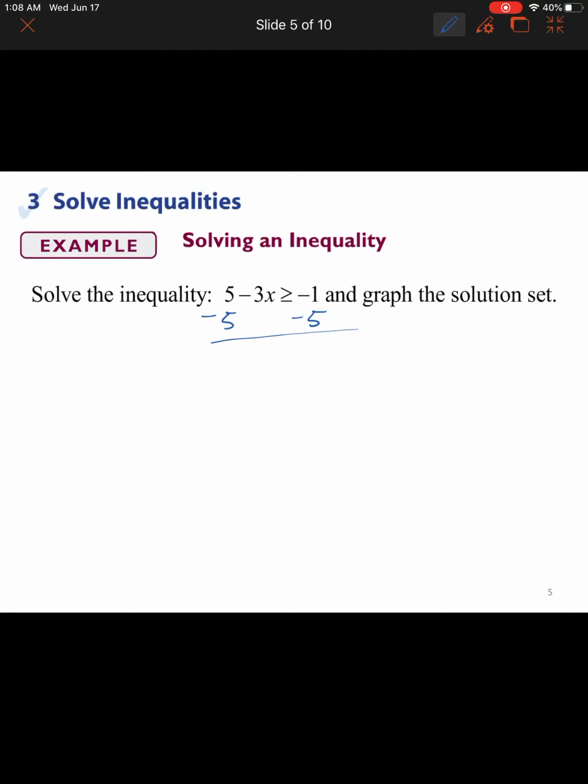You see variables are over here, and we have -6 right here. Divide each side by -3. And we have x is less than or equal to +2.